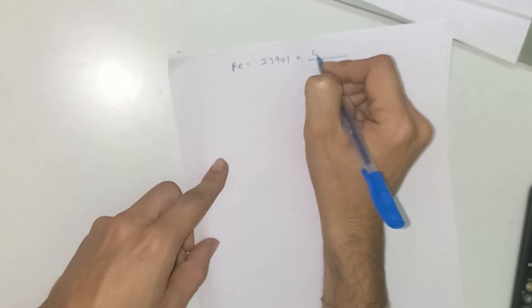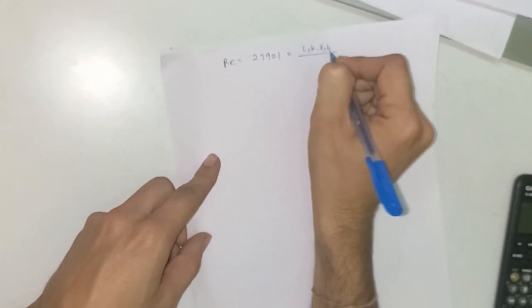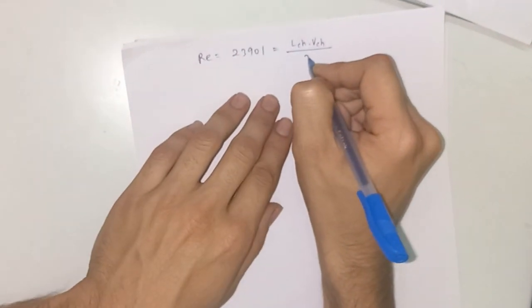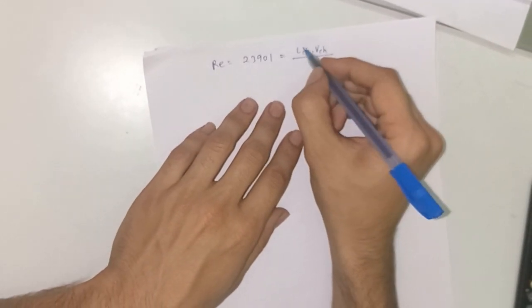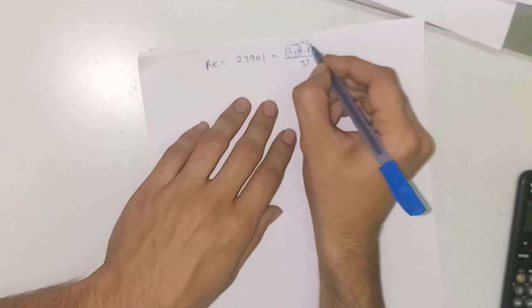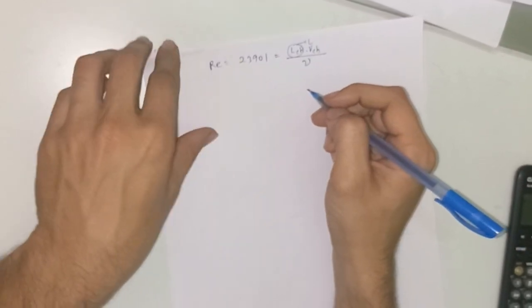The Reynolds number is equal to the characteristic length multiplied by the characteristic velocity divided by the kinematic viscosity. For the case of the flat plate, this is the length of the flat plate that we need to calculate.